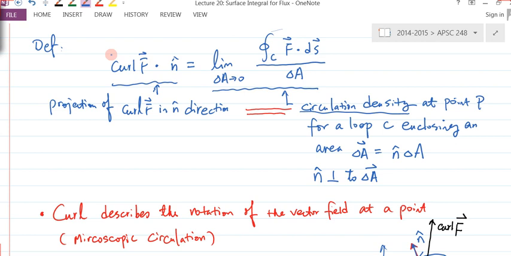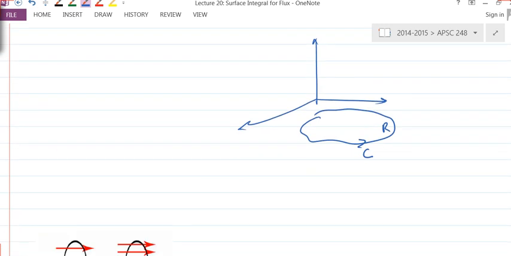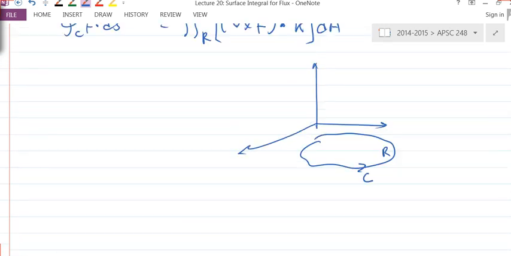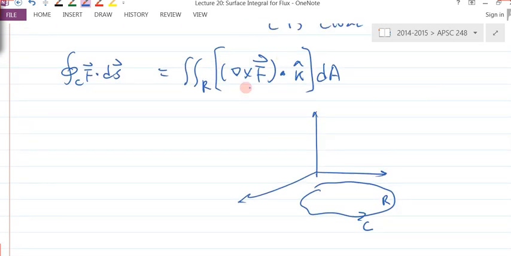Remember this one here, right? This gives you the microscopic idea. What this represents, as we said, is a microscopic circulation.